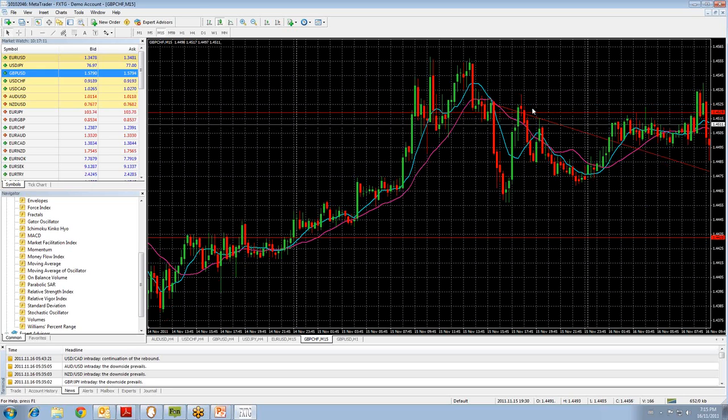Let's say 1.4519, less 1.4433. We would have made 86 pips in that trend, and that is from 14th November. So we've held nearly a day, but that's an excellent trend.